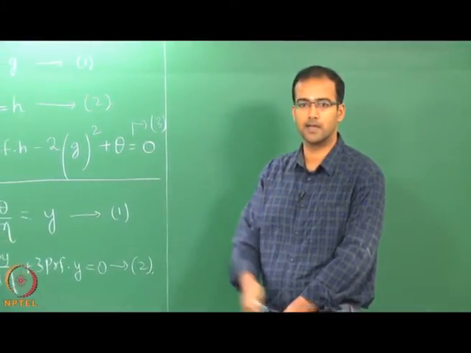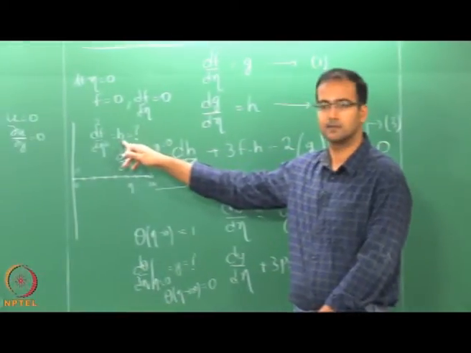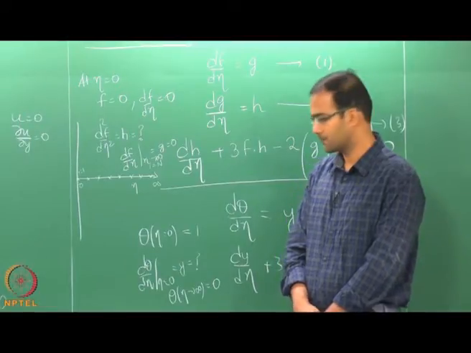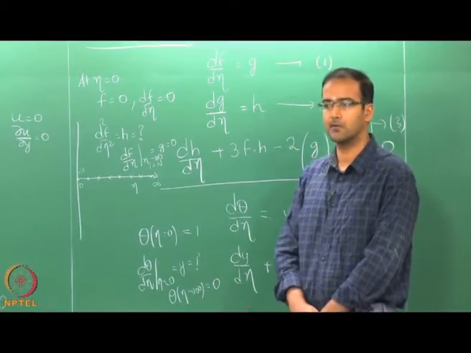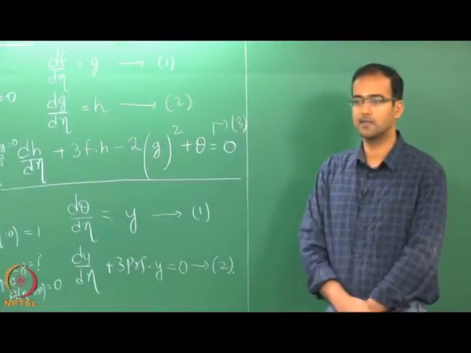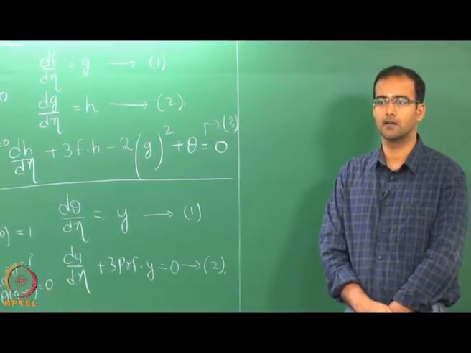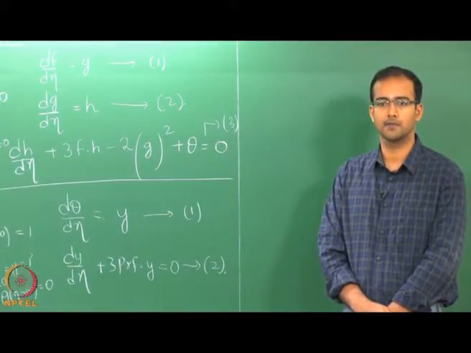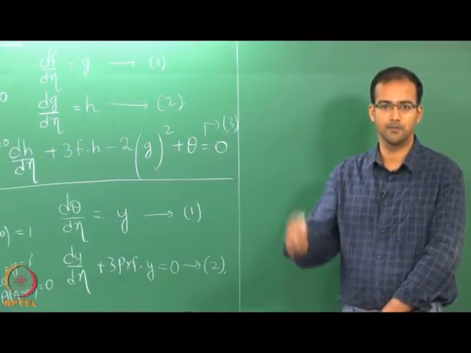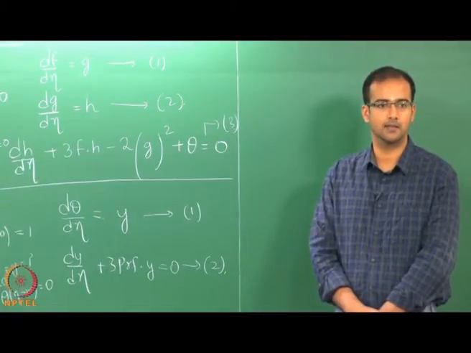You have to shoot a guess, in this case for h, which is d square f by d eta square. And simultaneously, you have to understand that these two have to be solved within the same loop, both with respect to iteration and within the same space loop. Both of them have to be solved together.